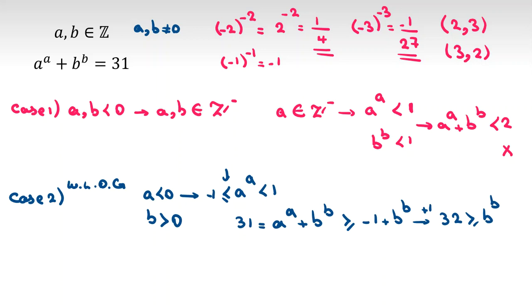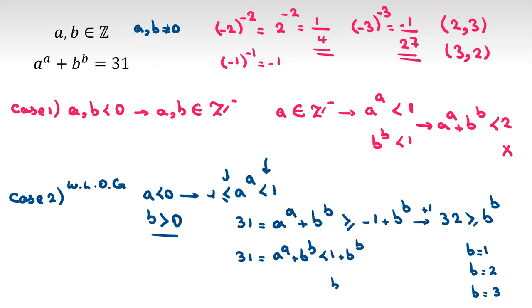So, B we know is a positive integer. B equals 1, you can check. You can check B equals 2. You can check B equals 3. And 4 will be greater than this. Now also we check less than 1. So A to the A plus B to the B will be less than 1 plus B to the B, equal to 31.